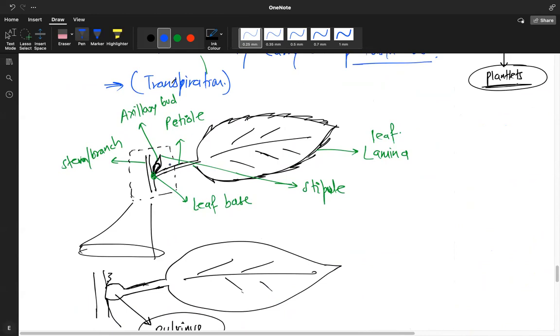This bud can be present at this axil. That's why it's called axillary bud. It's present on this axil, the space between the branch and the petiole, where the petiole joins the branch. At this junction, there can be an axillary bud in a leaf. Do you understand, both of you, Aisha and Iram?